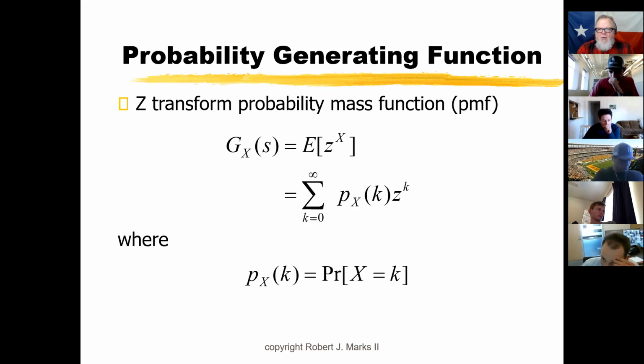And just like the Laplace transform, we're not going to mess around with the Z transforms, because everything you can do with the Z transforms and the Laplace transforms, you can do with the Fourier transforms.